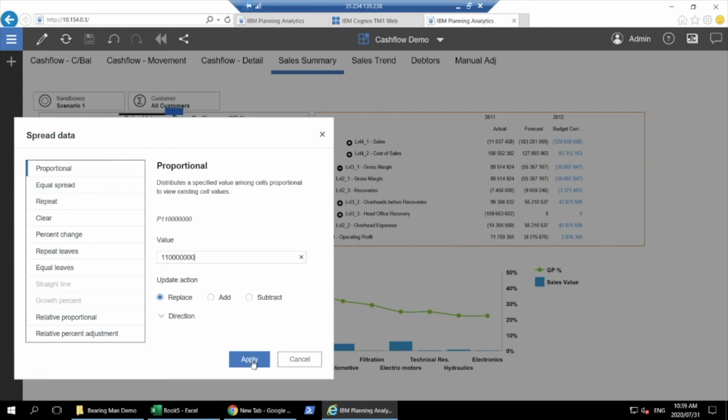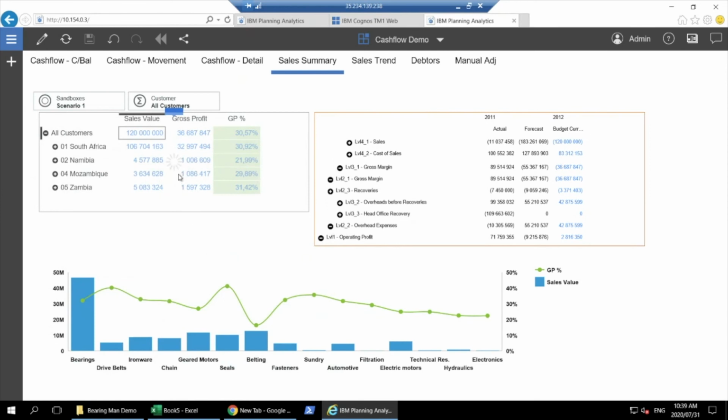I can apply that. And as I apply that, the income statement cube, which is down to a customer and product level, is obviously linked to my general ledger, at an account and cost center level. So you can see an income statement coming through over here.